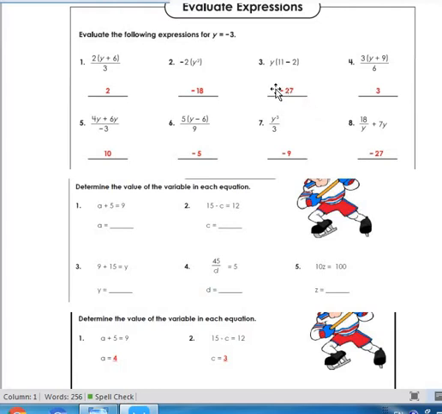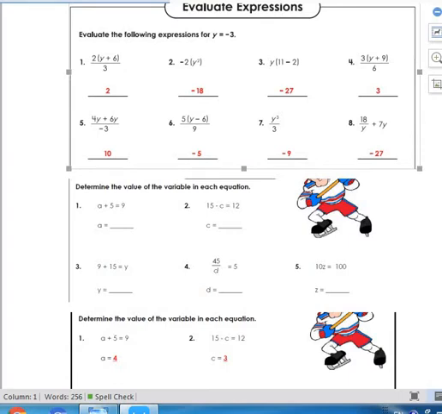Here I have y, open bracket, 11 minus 2. How can I solve it? Parentheses first, so solve what is in between. Don't forget to put negative 3 instead of y. So negative 3, open bracket, 11 minus 2. Solving the brackets first, 11 minus 2 equals 9. 9 times negative 3 gives you negative 27.